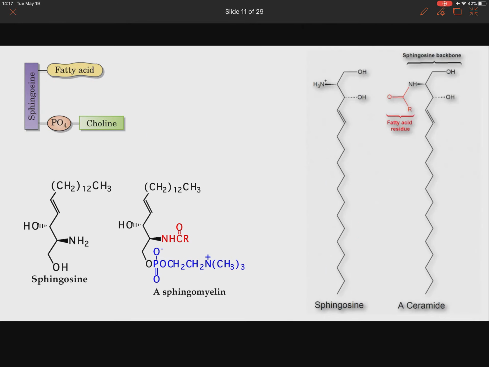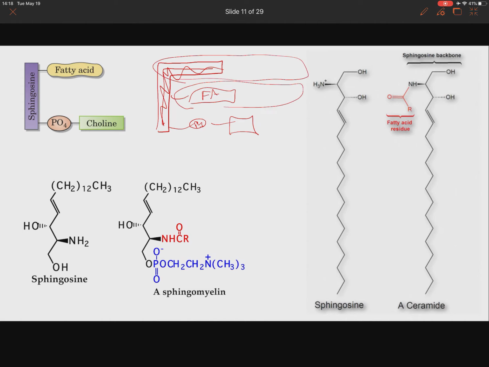Sorry. What I was trying to get at is they show sphingosine like this. And they say, this is sphingosine, and then here's a fatty acid, and then here's this stuff. So to show it in the same way, what you end up looking at is that the fact that it's got these 2 long parts is almost just like what glycerol has.